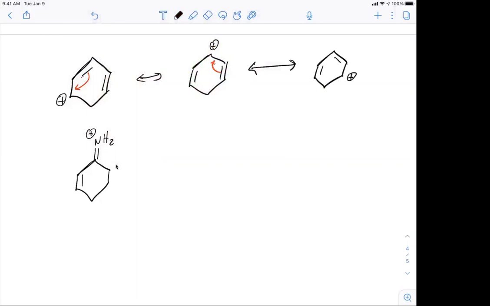And of course, this is sp3 here, so we don't go through that one for our resonance. Here we've got the nitrogen, the lone pair. This pi bond can go up here, moving the electrons there, giving us the carbocation there.